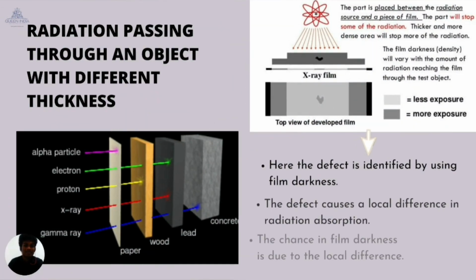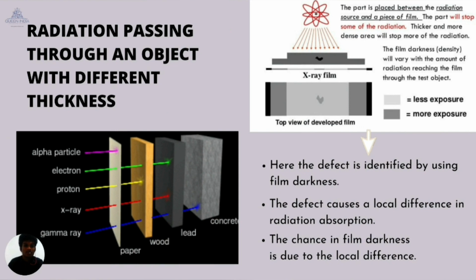Now let us discuss radiation passing through an object with different thickness. Here the penetrating power of the radiation will change with respect to the different kinds of material. In this picture you can see the radiation is passing through a material which has different thicknesses, and it also has a flaw in it.